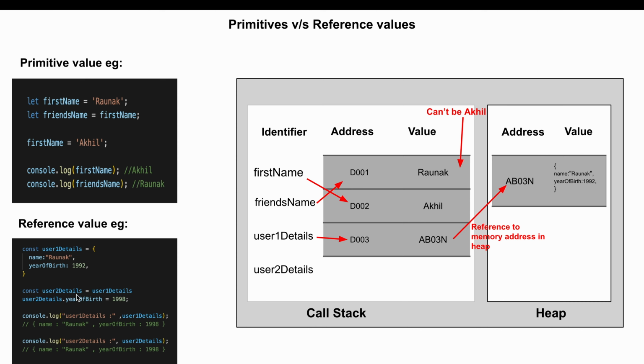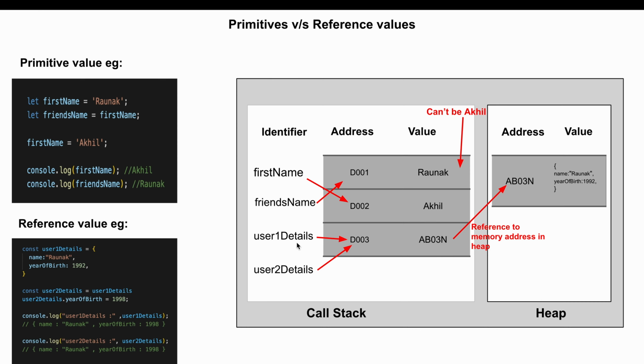So now let's see what happens. We have created another variable, user2 details. Here also we have assigned user1 details as a value. So what will happen? User2 details will also start pointing to the same address which got created for user1 details.